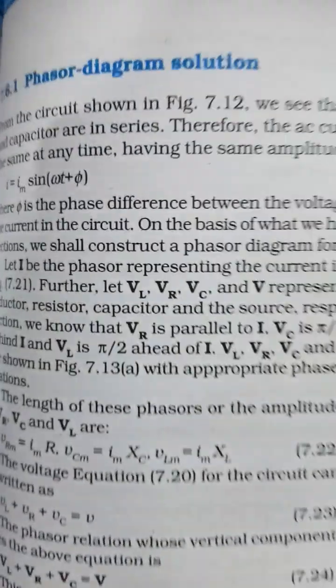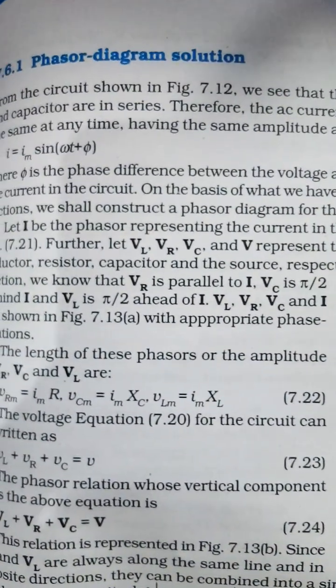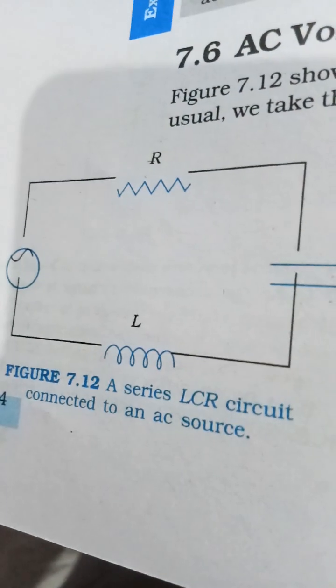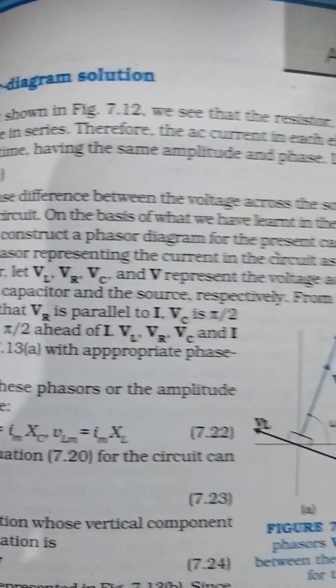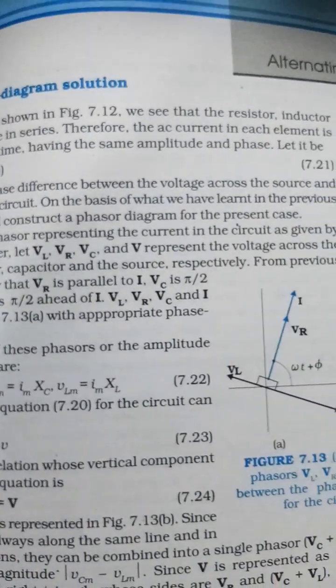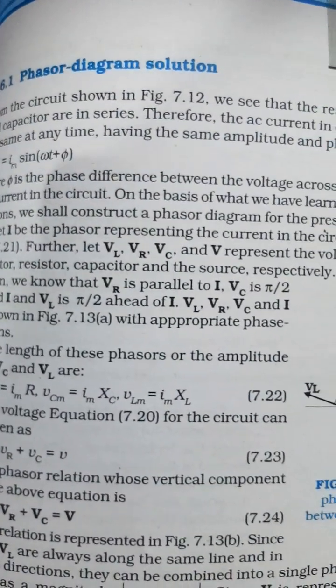Now see the circuit shown in figure 7.12. You will see here the LCR circuit. We see that the resistor, inductor and capacitor are in series.